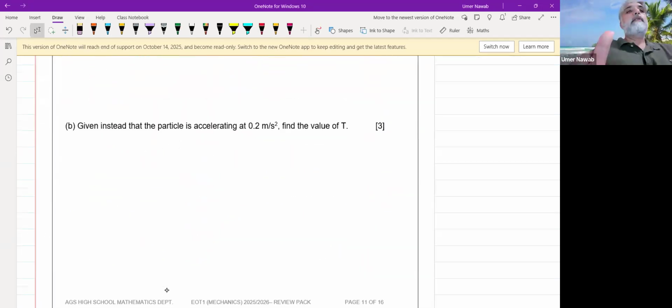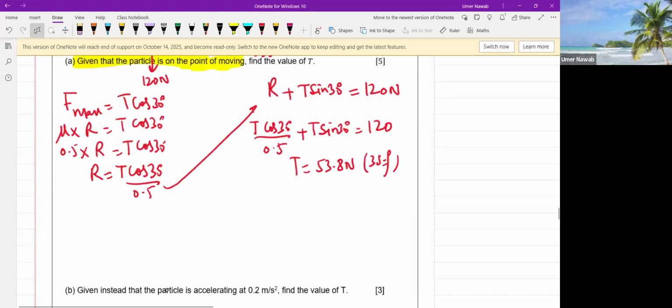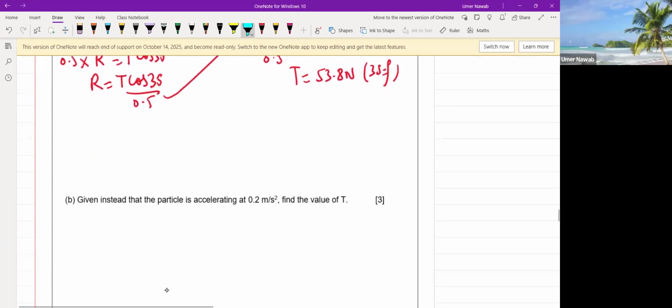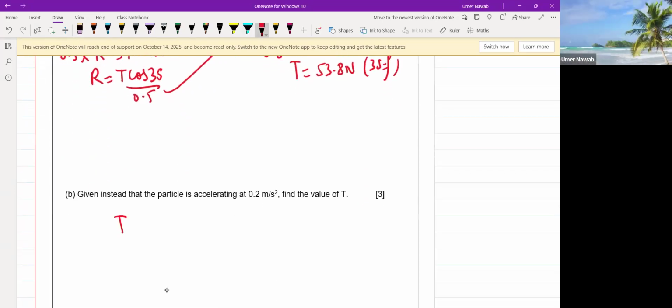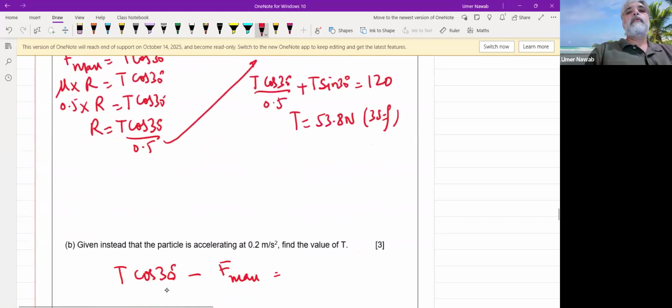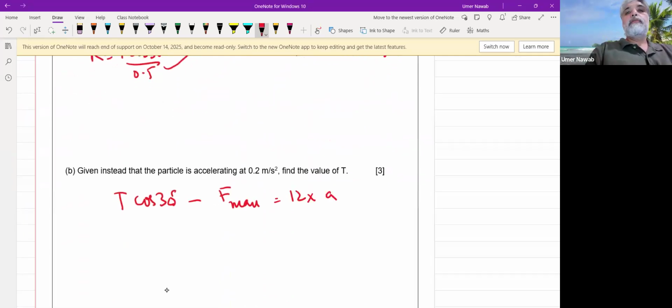Then it says, instead of being on the verge of movement, the particle is accelerating. So F net is equal to ma. What is the right-hand force applied? It applies T cosine of 30. By Newton's second law, T cosine of 30 minus F max is equal to ma. The mass is given to us as 12 times a.